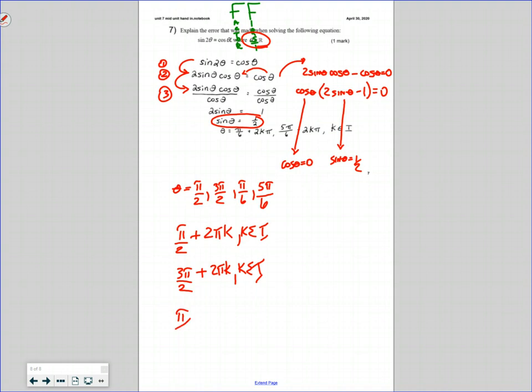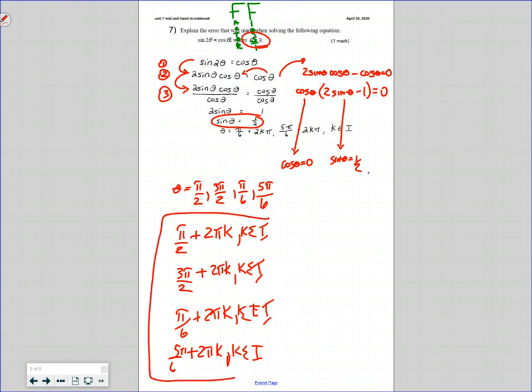Pi over 6 plus 2 pi k, k exists as an integer, and 5 pi over 6 plus 2 pi k, k exists as an integer. Okay, so there's your final answer, those 4 statements, because you have to include all the coterminal.